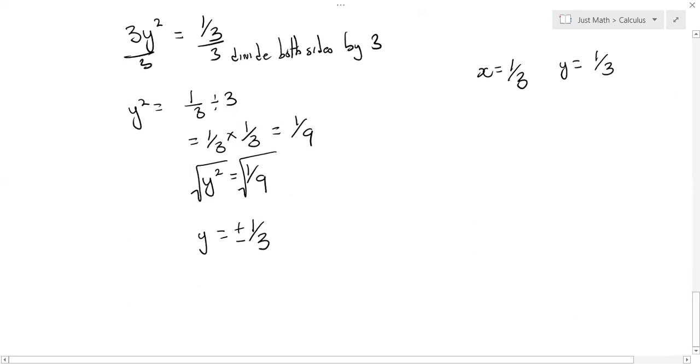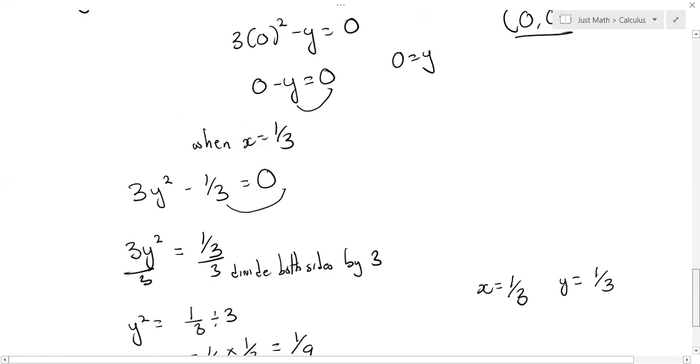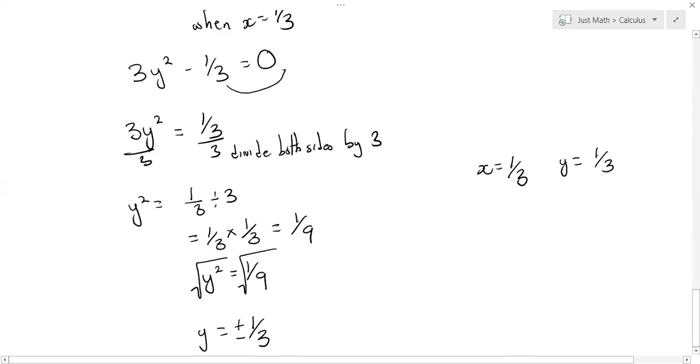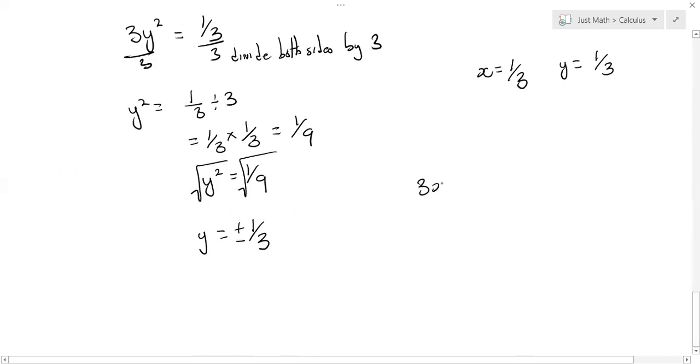But if you look at the other equation, 3x squared minus y equals 0, and you make your x as 1 over 3 and your y as minus 1 over 3, you're not going to get 0.